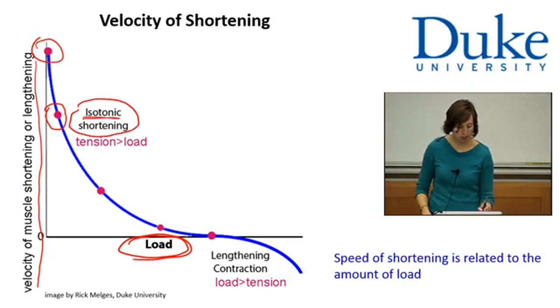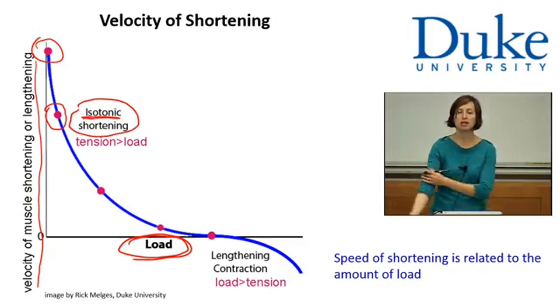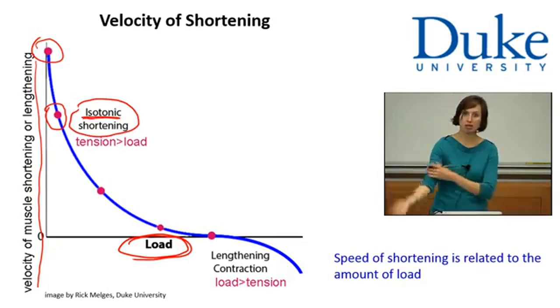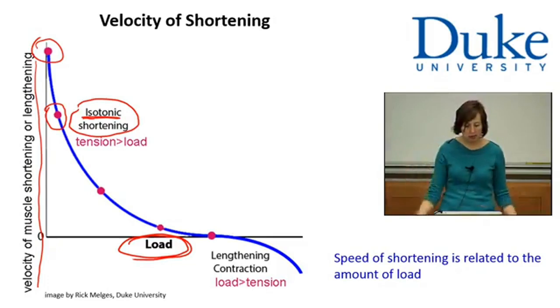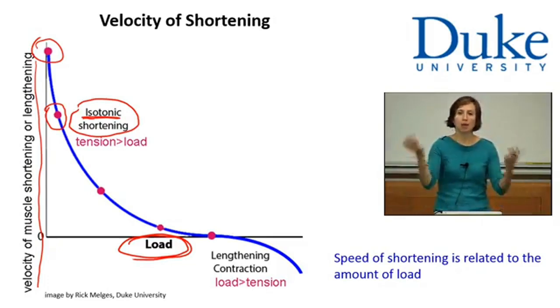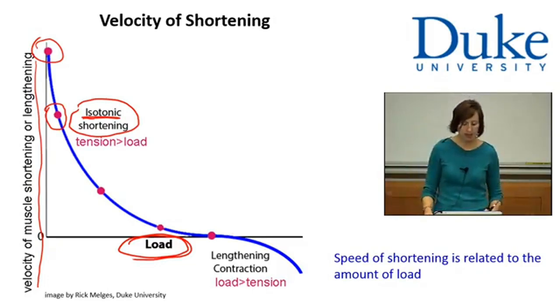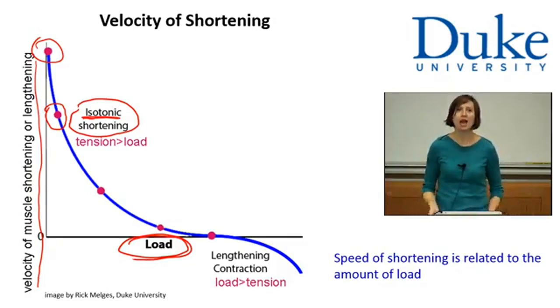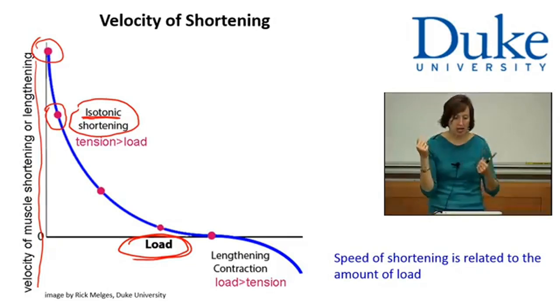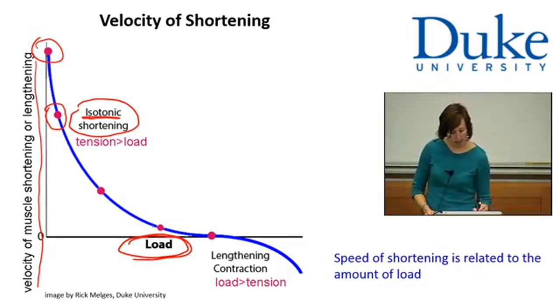Isotonic meaning keeping the same tone, the same amount of tension, and since it's greater than the load, the muscle is shortening. So we're able to do that with these small loads because we can easily form more tension than the load. However, as we keep lifting heavier and heavier things, that's when the velocity greatly reduces.